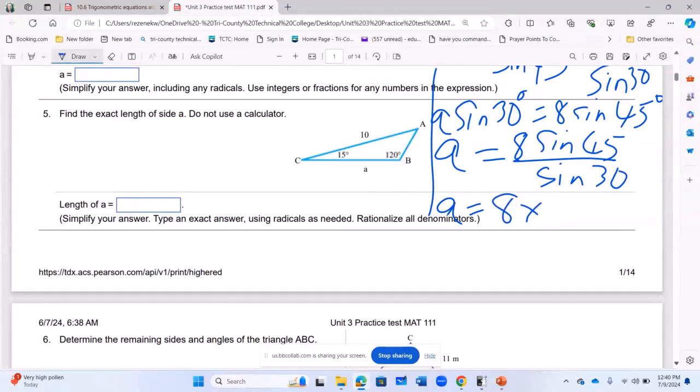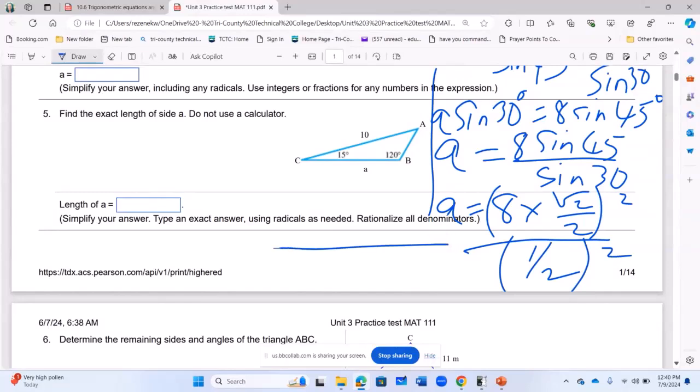So 8 multiplied by root 2 over 2, divided by sine 30, which is 1/2. All right, so we now solve this problem. If I multiply the numerator by 2 and multiply the denominator by 2, I will end up having a equal to, if I open this parenthesis, 8 root 2 multiplied by 2, so this 2 will go.